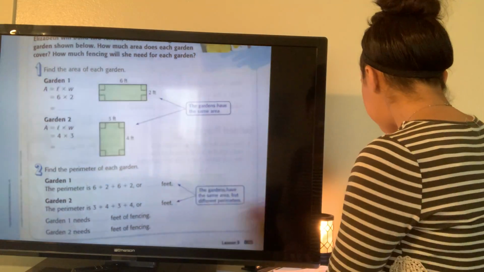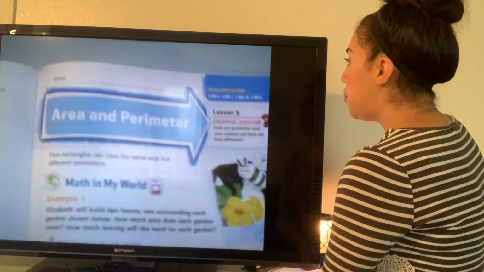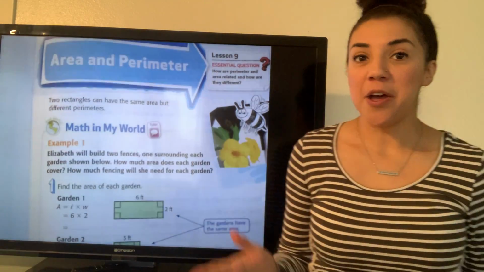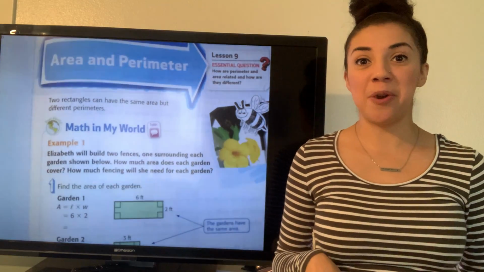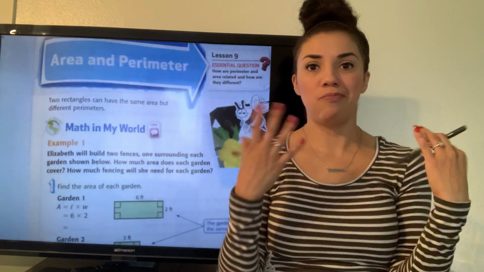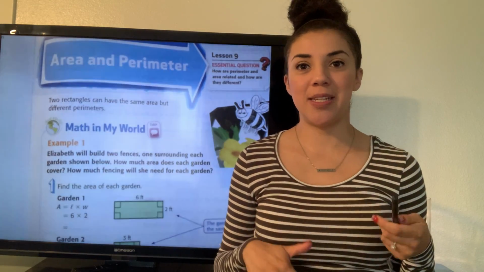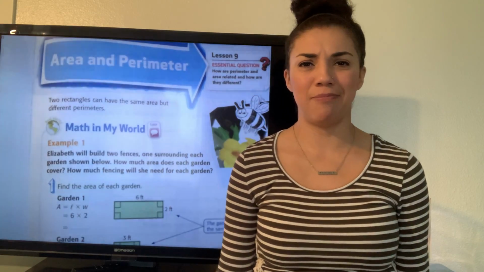Okay, here we go. Area and perimeter. So we're on page 805. We have already gone over area and perimeter, so today we're just going to put it together and show you some new things.